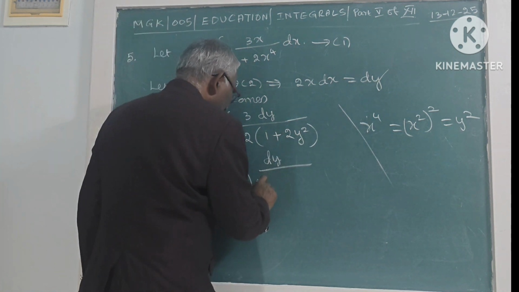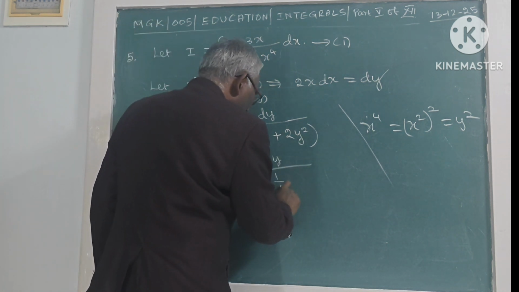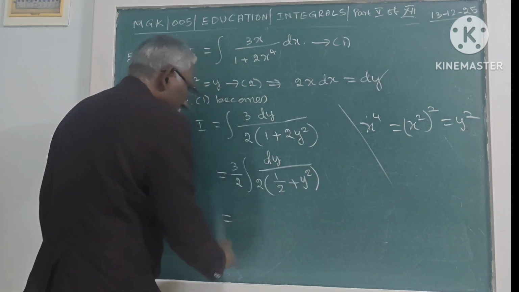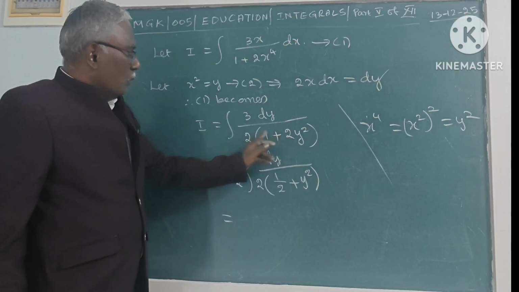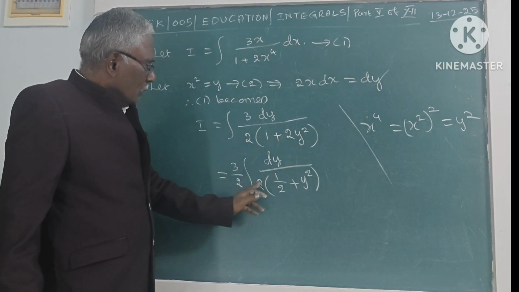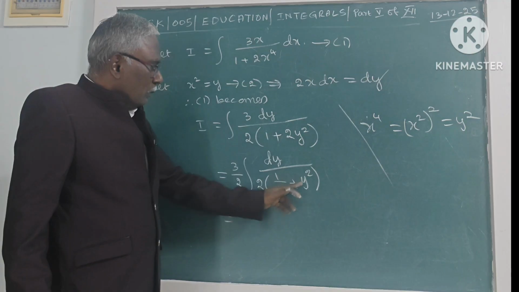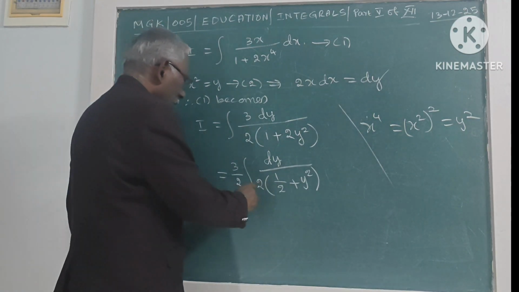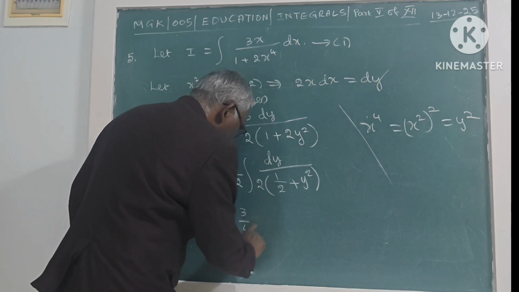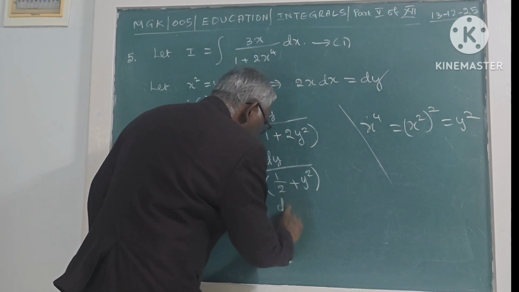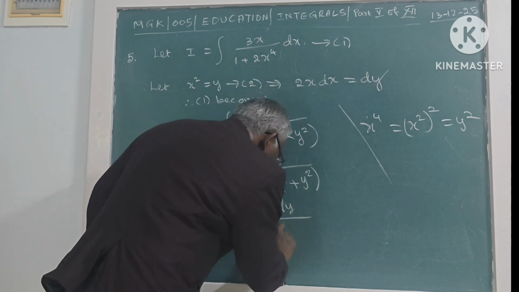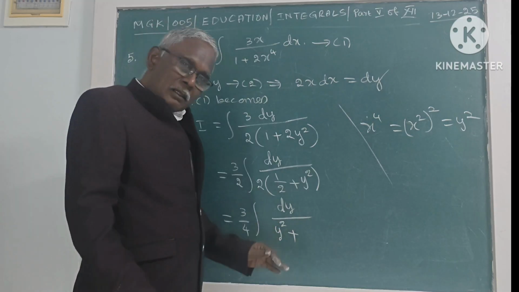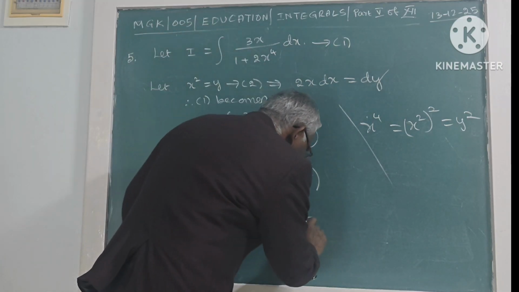We take 2 outside, this will become 1 by 2 plus y square. We take 2 outside, here also you have to take. So when you take 2 outside, this will become 1 by 2 plus y square. We have to write this as a perfect square. So 3 by 4 times integral dy by y square plus, how to write 1 by 2 as a perfect square? 1 by root 2 whole square.